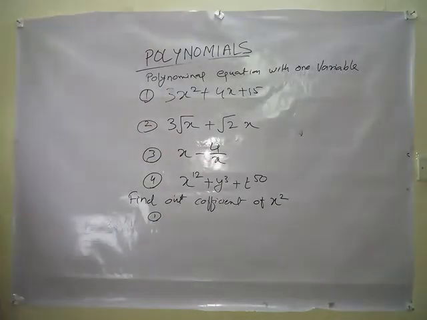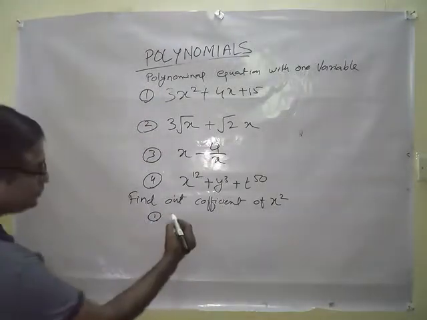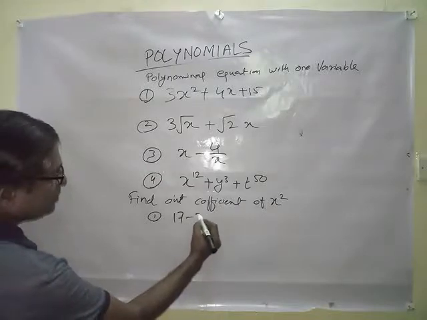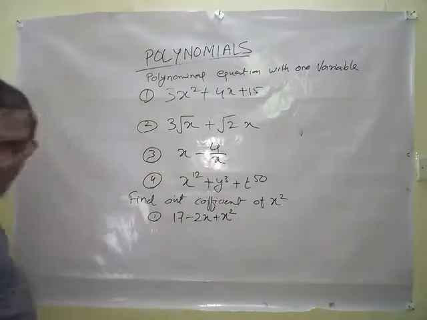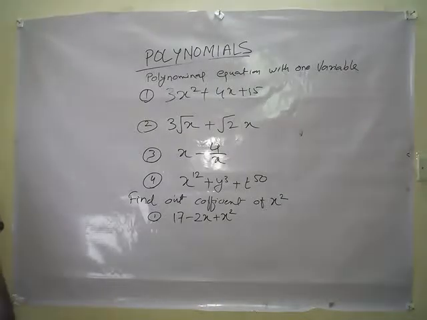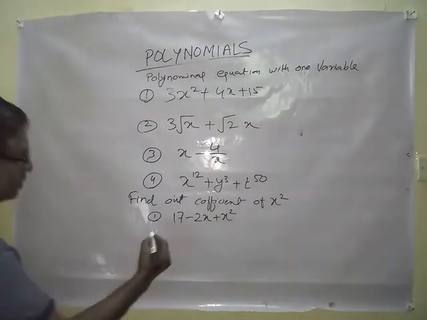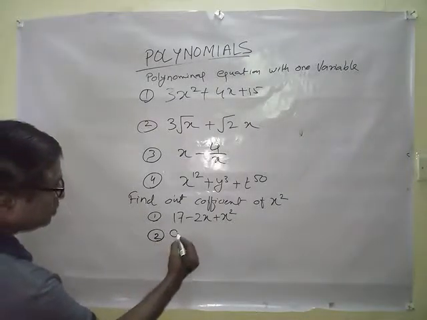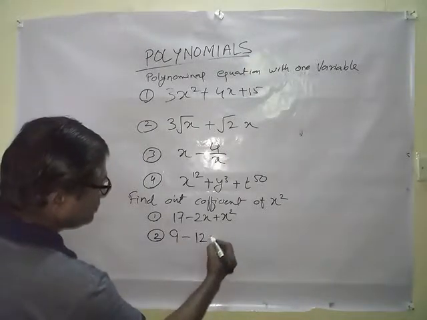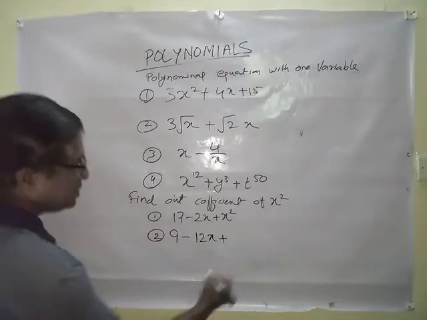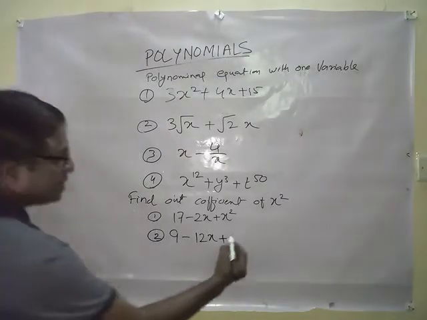I am giving you the equation here. 17 minus 2x plus x square. Number 2, 9 minus 12x plus x cube.